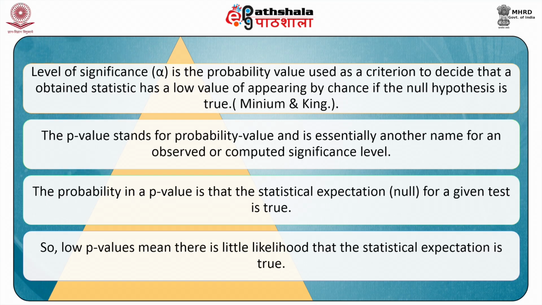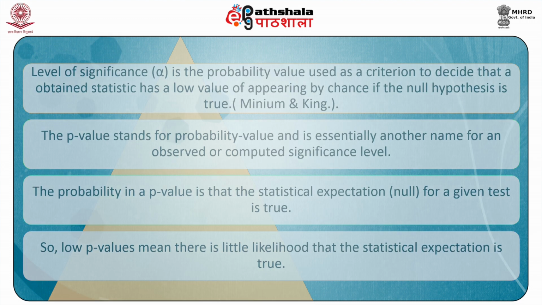The p-value stands for the probability value and is essentially another name for an observed or computed significance level. The probability in a p-value is that the statistical expectation, the null, for a given test is true. So, a low p-value means that there is little likelihood that the statistical expectation is true.